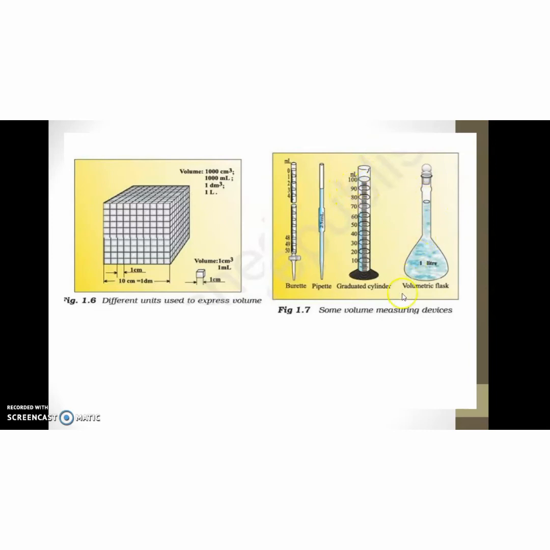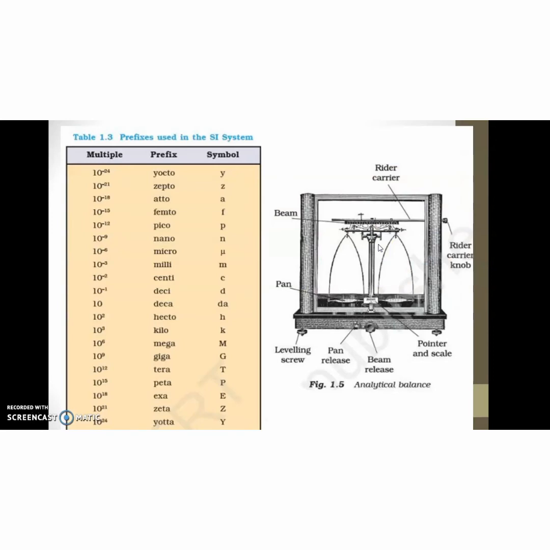And this is a volumetric flask which is measured in terms of liter. So these four devices we can use for measuring volume, that is burette, pipette, graduated cylinder and volumetric flask. And this one is the weighing balance. This is known as the analytical balance to measure the mass of a substance.